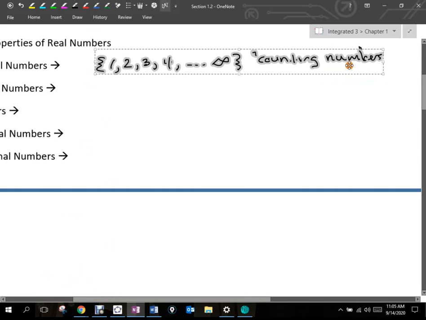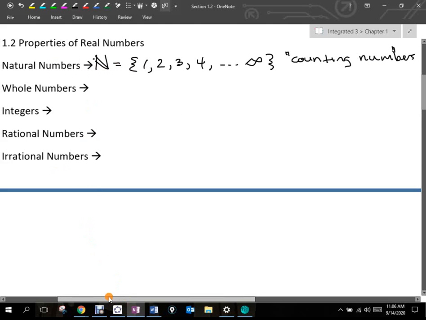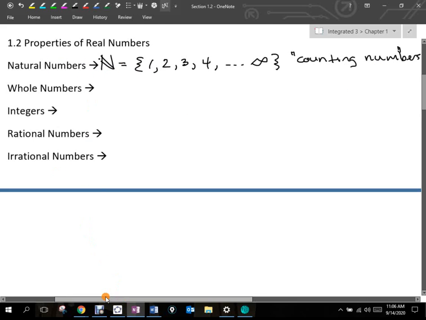Obviously, you can put this anywhere you want in your notes, but for natural numbers, a lot of times they use a capital N with that little cross brace like a double line. So that's what we call our natural numbers.